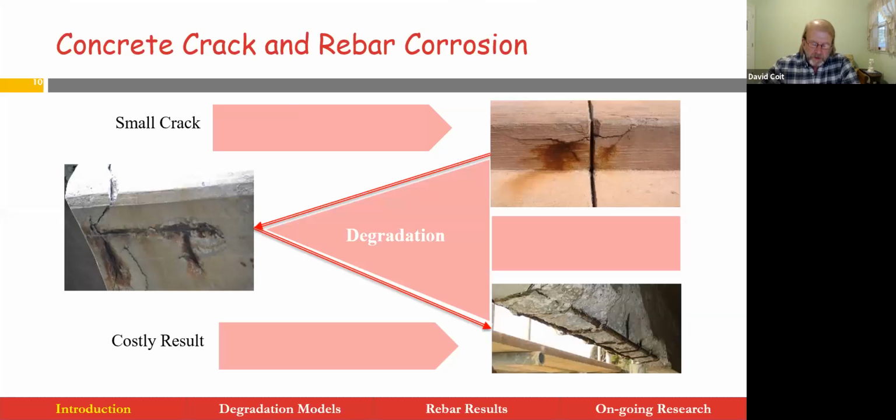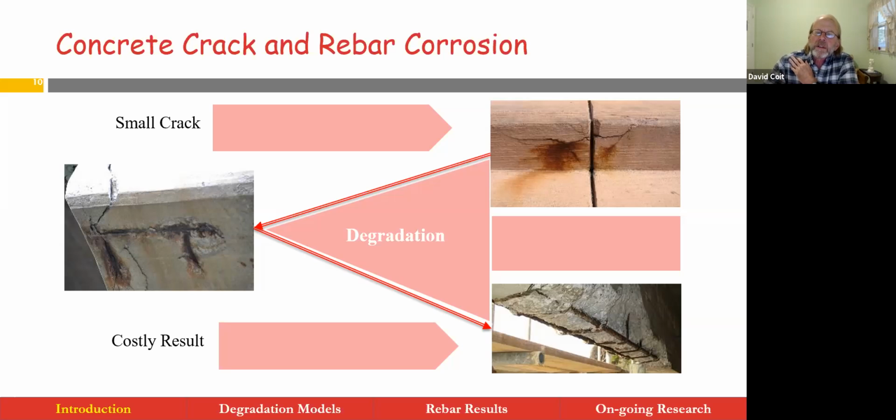So here you see some photographs. You see a small crack forming, and then it gets larger, and then there can be the contamination, which initially is delayed, then more aggressively takes place, and then the corrosion takes place, and the rate at which it corrodes increases.